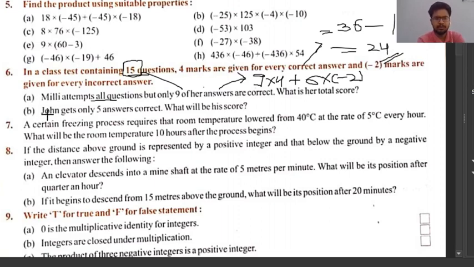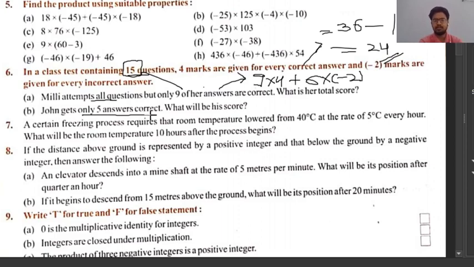Now part B. John gets only 5 answers correct. Here, no information is given about how many John attempted. It is not clearly mentioned, so its answer may change. I am not guaranteeing what answer is given in your book, but according to this question, John gets only 5 answers correct. Only 5.